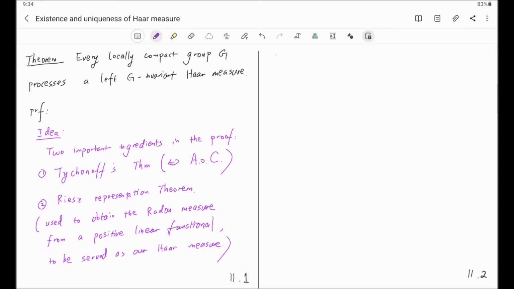As I said, the core of the proof is to produce a positive linear functional, let me use the abbreviation PLF, I, from I sub phis.